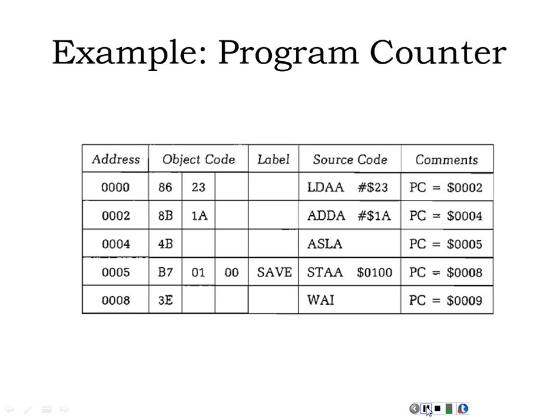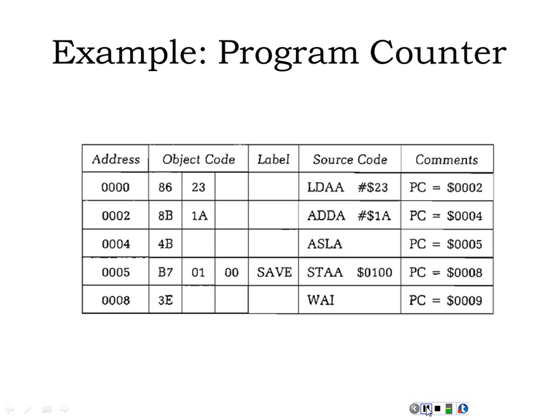Let's say the first instruction is taking 2 bytes, so the address of 86 is 0, the address of 23 is 1, and the address of 8B is 2, 3, 4, 5, 6, 7, 8. This is how we read the addresses, because each of these object codes takes either 1 byte, 2 bytes or 3 bytes, because we know how to write the object code from the instructions.